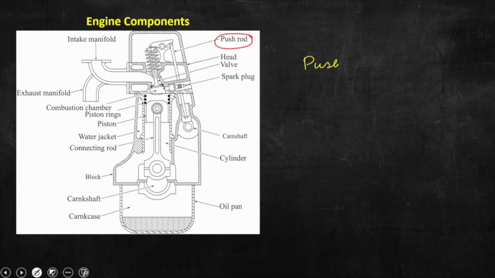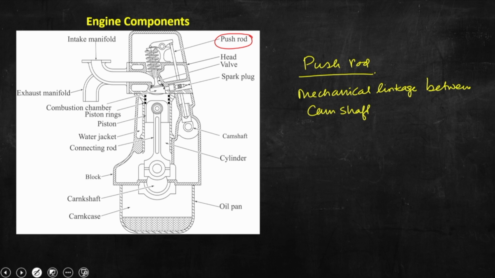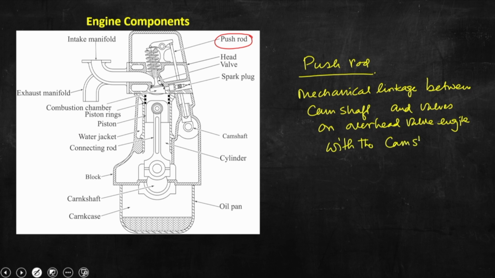A push rod is a mechanical linkage between the camshaft and valves on an overhead engine, with the camshaft in the crankcase.